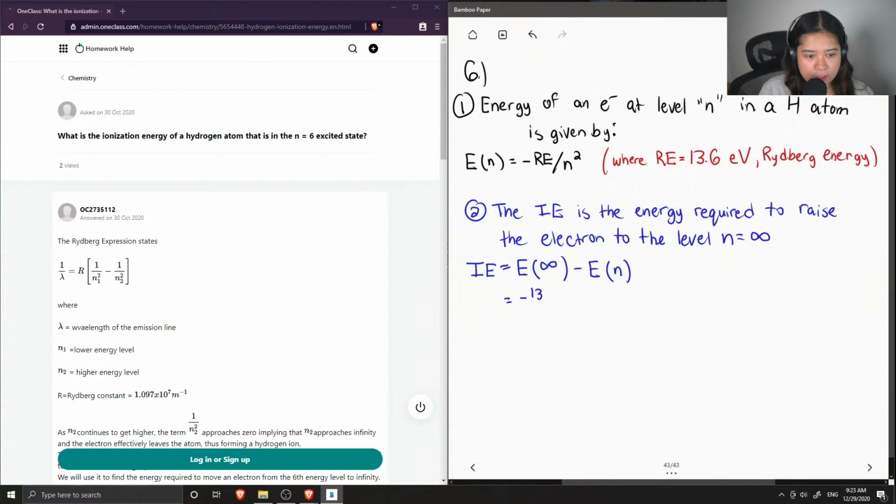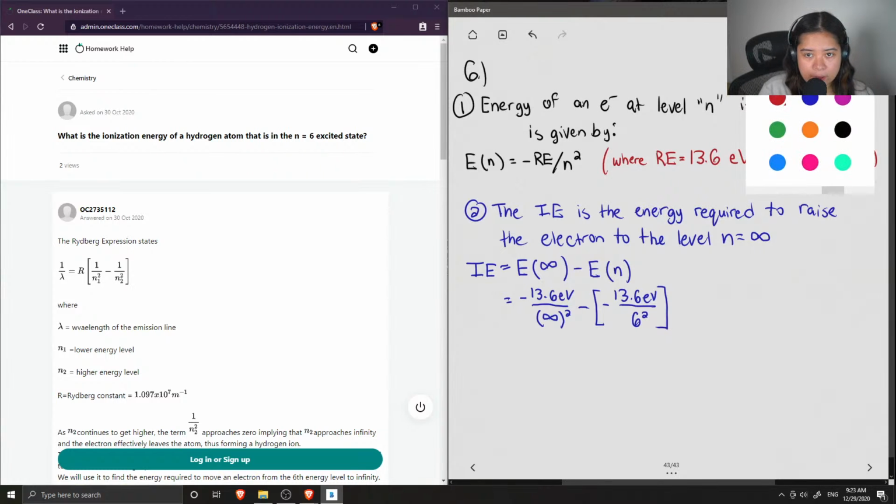We had 13.6 divided by infinity to the power of 2, subtracted by negative 13.6 over, in this question, 6 squared.